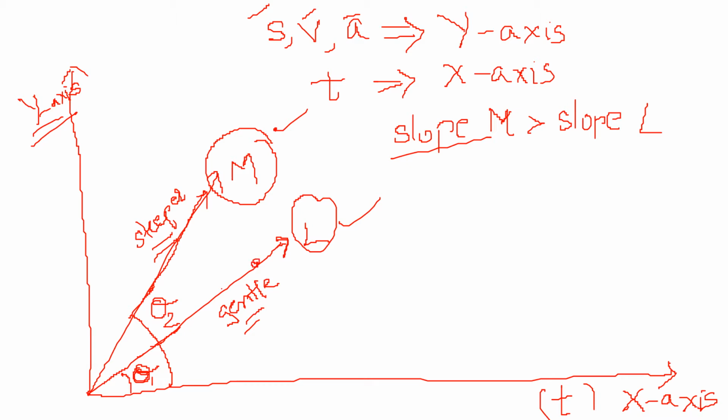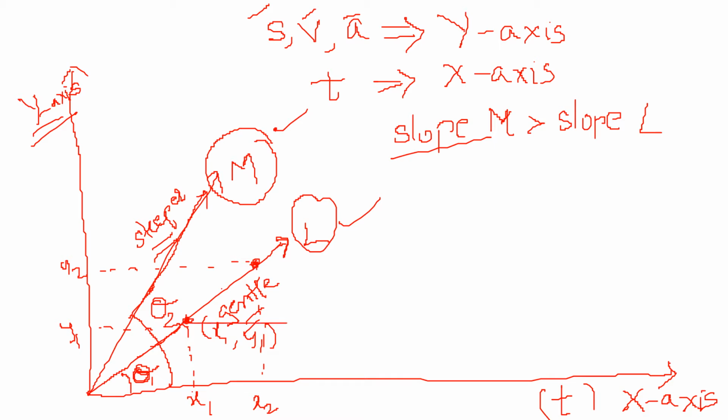We consider any 2 points on this line. Say one point here and one point here. Now the coordinates for this point are x1 and y1. We always write the x coordinate first and then the y coordinate. So this is x1, y1, and for this point it is x2, y2. Whichever 2 points you consider on the line will always give the same slope because this angle will be the same.